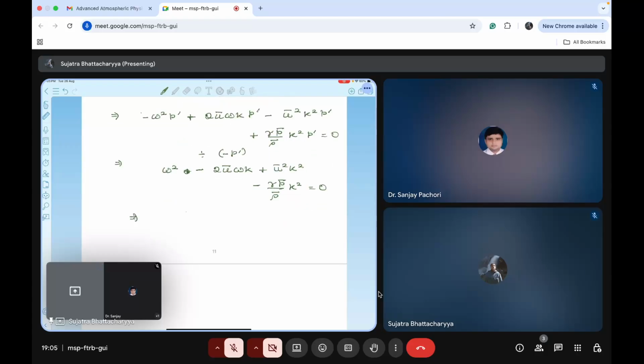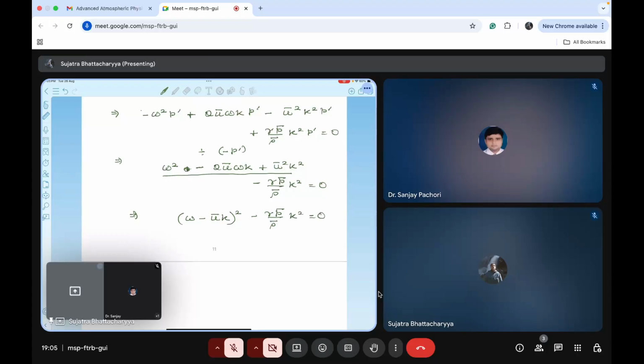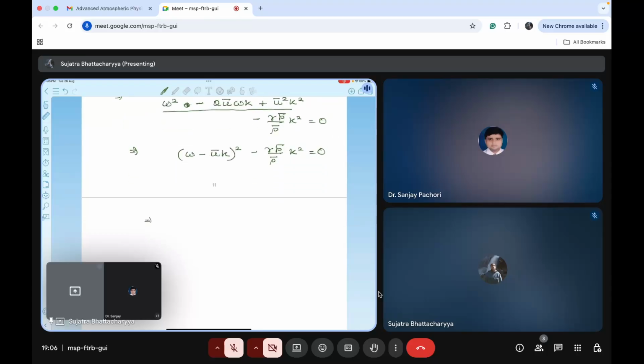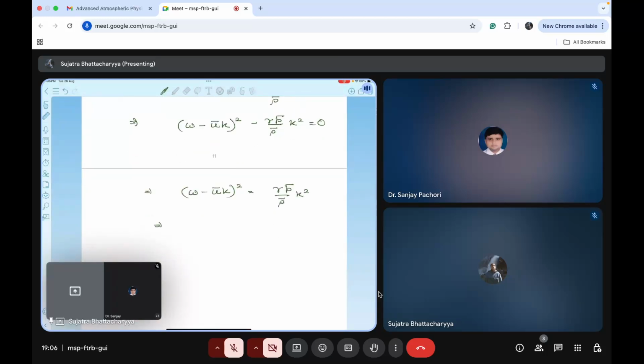Finally, can I write this entire term as (omega minus u bar k) whole square, minus gamma p bar by rho bar k square equals 0? Yes, we can. So (omega minus u bar k) whole square is equal to gamma p bar by rho bar k square. Take the square root.